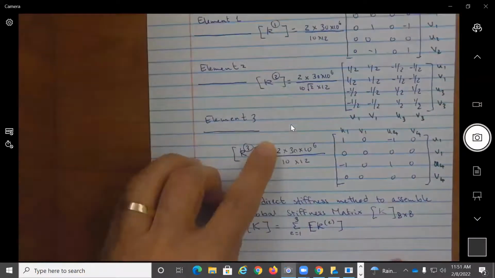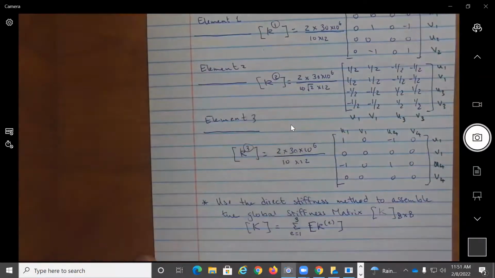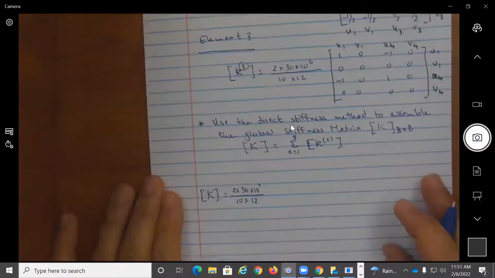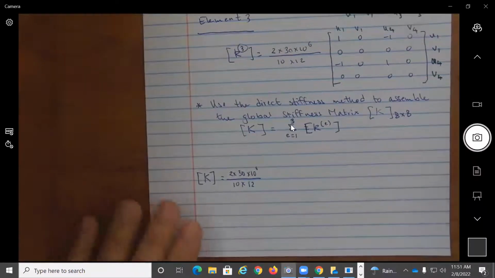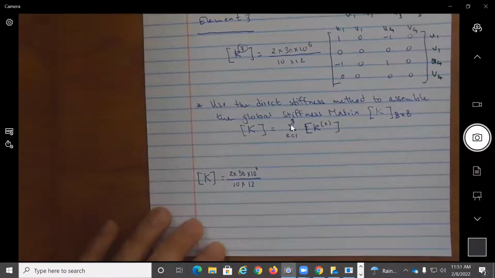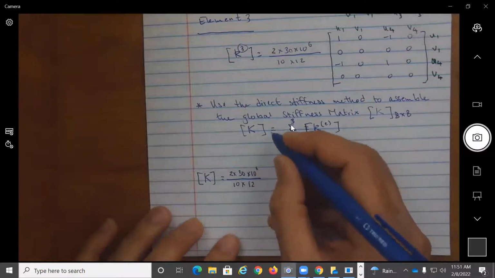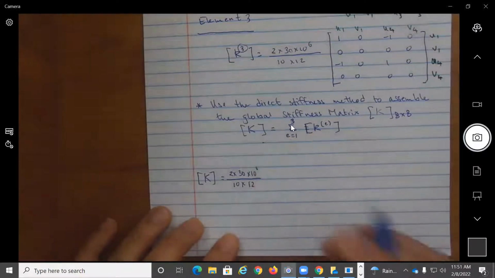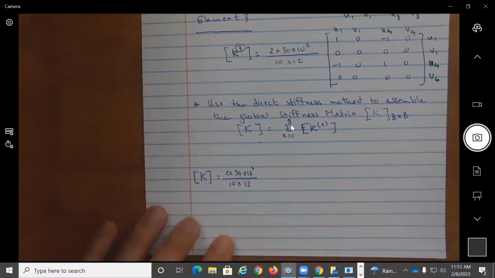Now, looking at these here, we can take a 2 by 30, so that's like 2 times 30 times 10 to the power 6 divided by 10 times 12. We take this as a common factor. And then we have to create a table of an 8 by 8. The other element was having a different length.